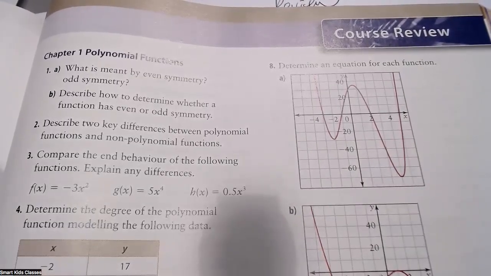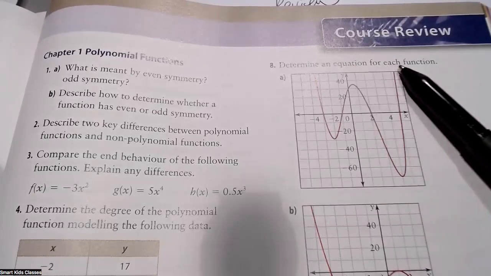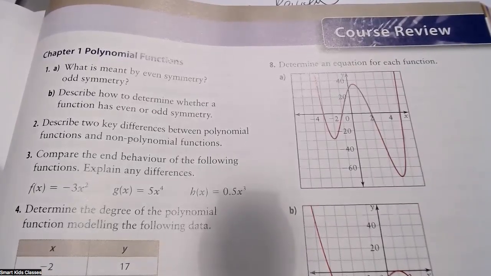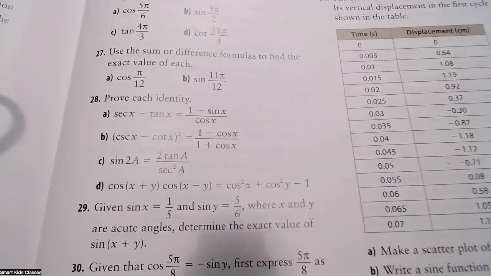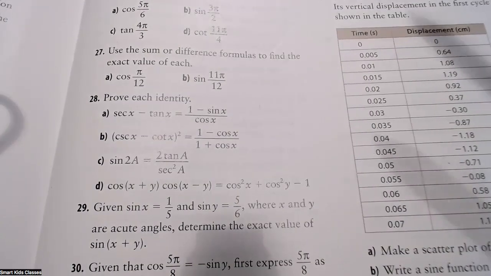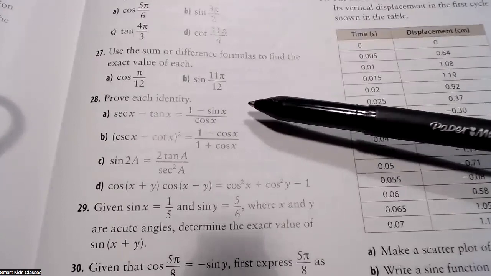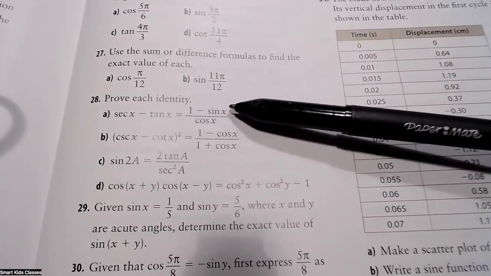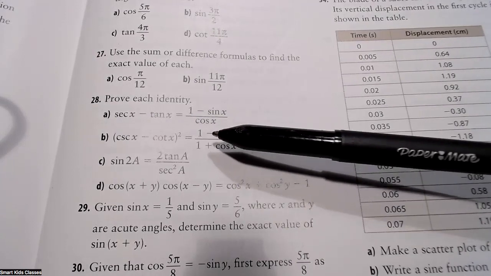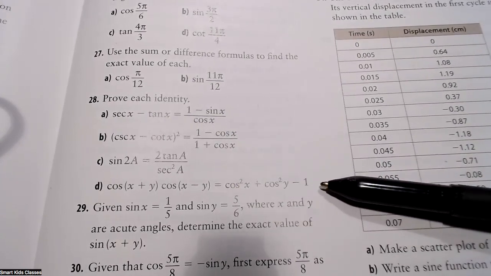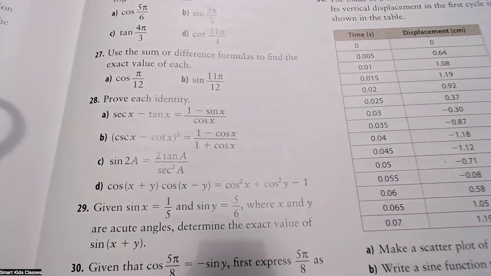The question is on the course review. For question 28, prove each identity. I did three identity questions in the last video, so now I'm going to do the last one.